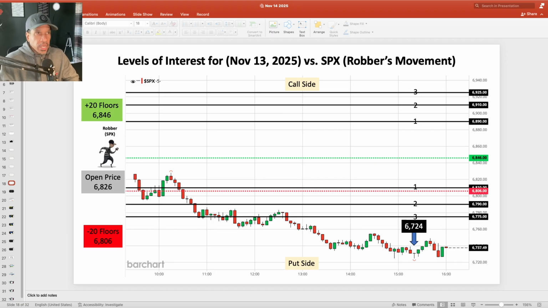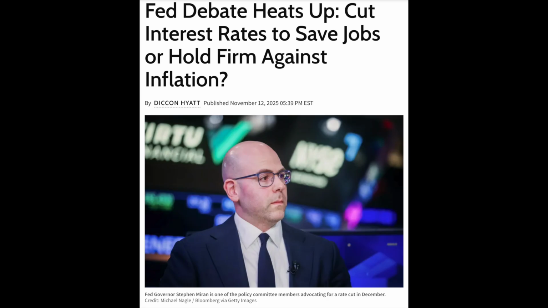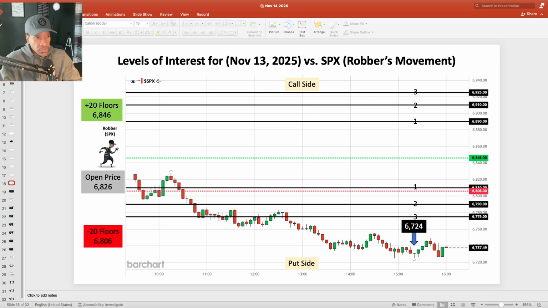So on November 13th, apparently some news came out, some hawkish or negative or uncertain comments that were made by some Fed governors with regard to the interest rate cut not being a foregone conclusion at their next month's meeting, which is December the 9th and 10th, I believe, and the interest rate decision will be made on December the 10th.